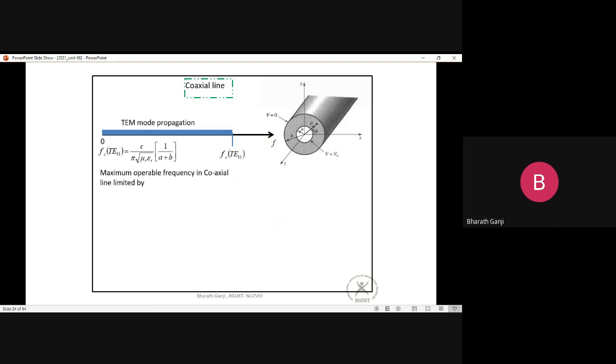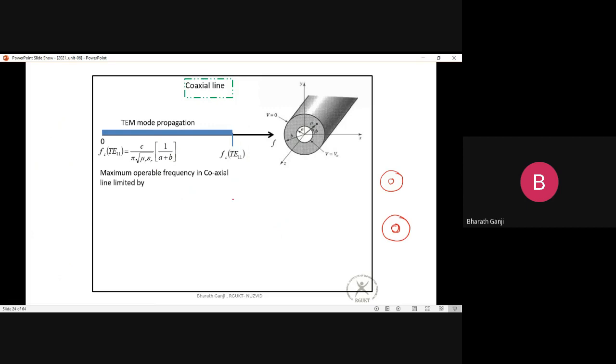So if I make the coaxial cable smaller and smaller, say, if I take a smaller inner cable, or I take a bigger one, and I maintain the b by a ratio, in both cases which one will have a higher cutoff frequency?